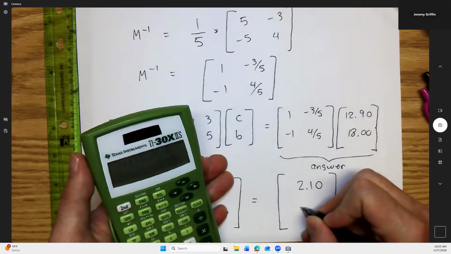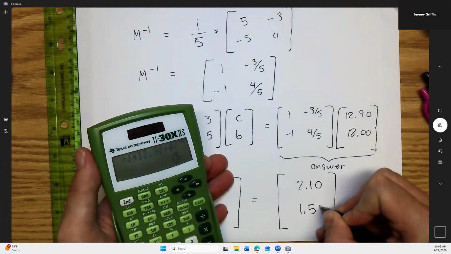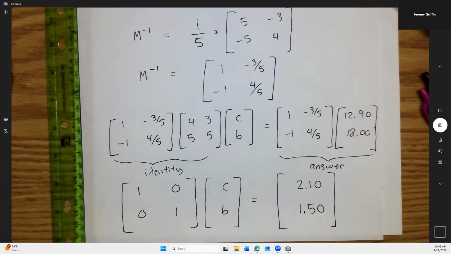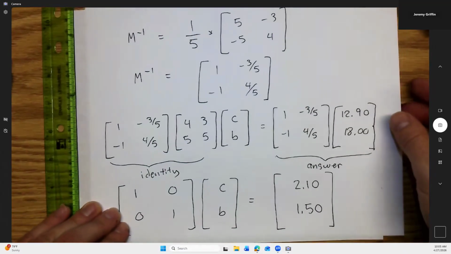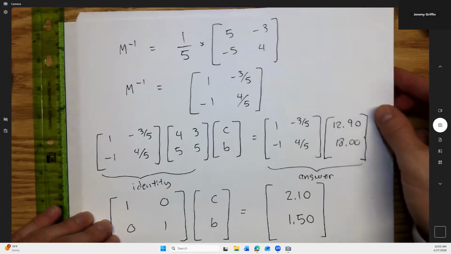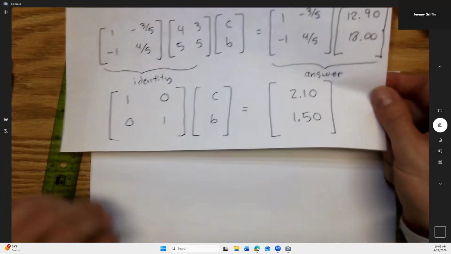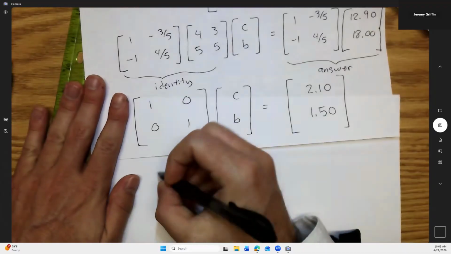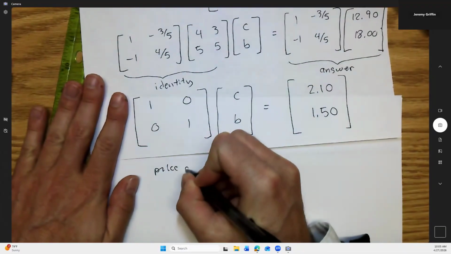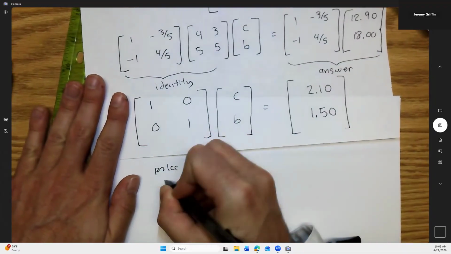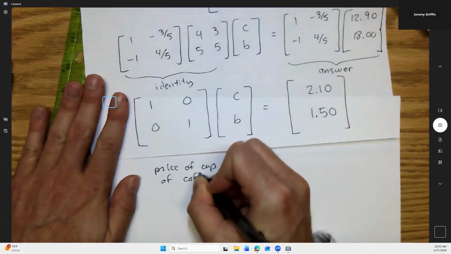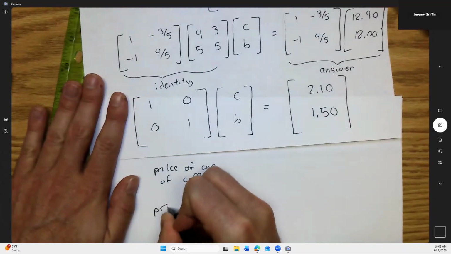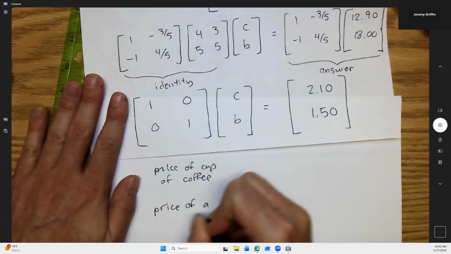And that's giving me 1.5. And now I have the answer. You guys see what it is? The price of a cup of coffee and the price of a bagel.